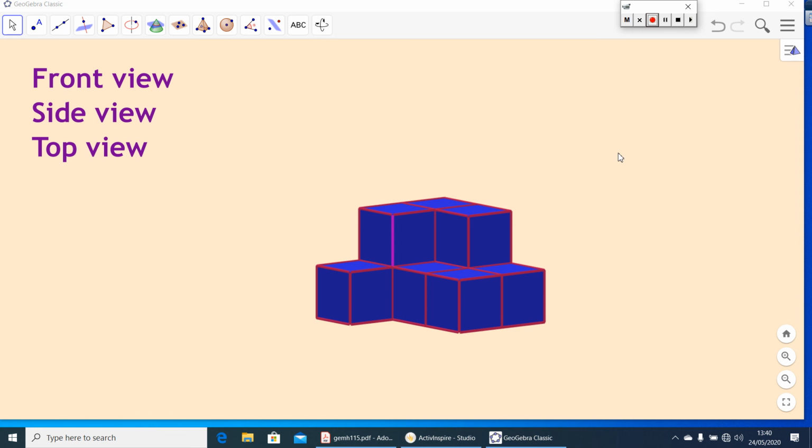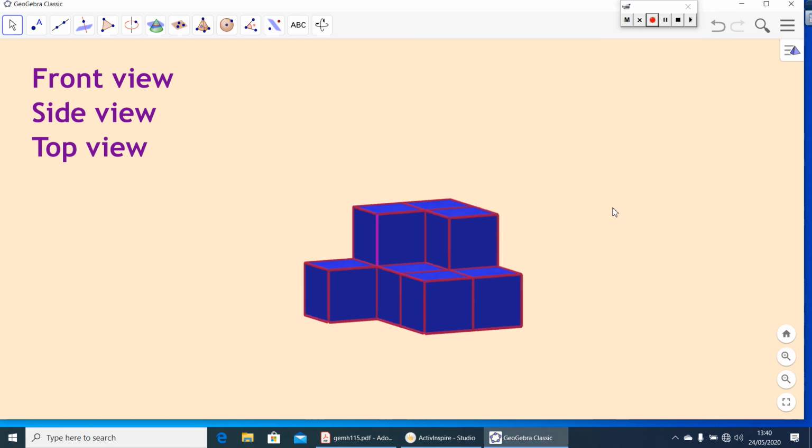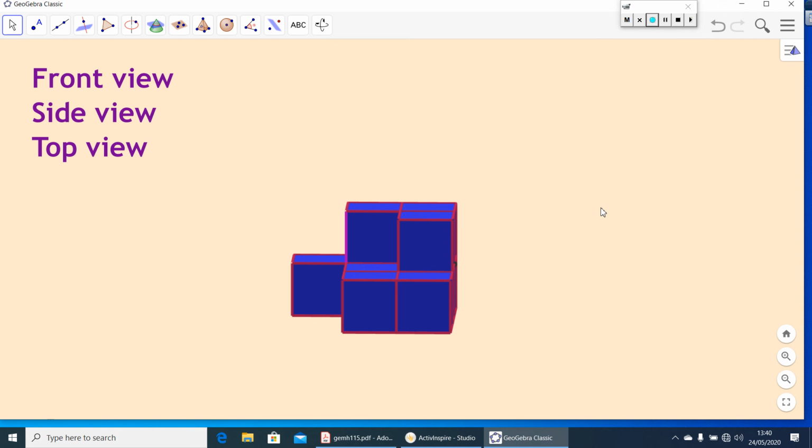First let us see what will be the front view of these cubes. Here you can see exactly if you go in front and see, this will be its front view. So in front view only 1, 2, 3, 4, 5 cubes will be visible.